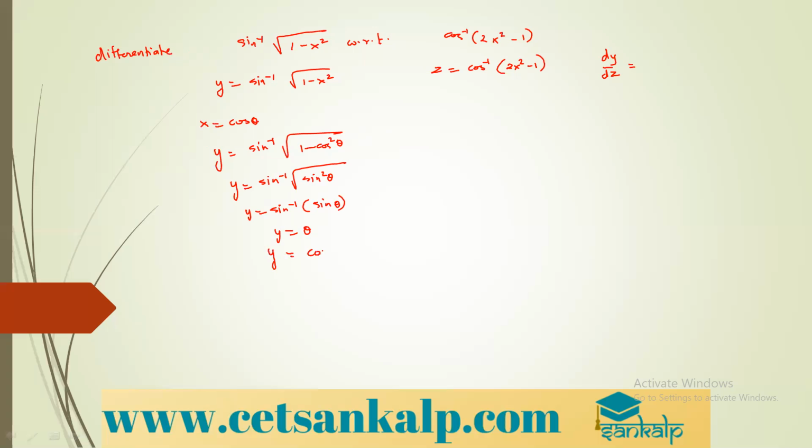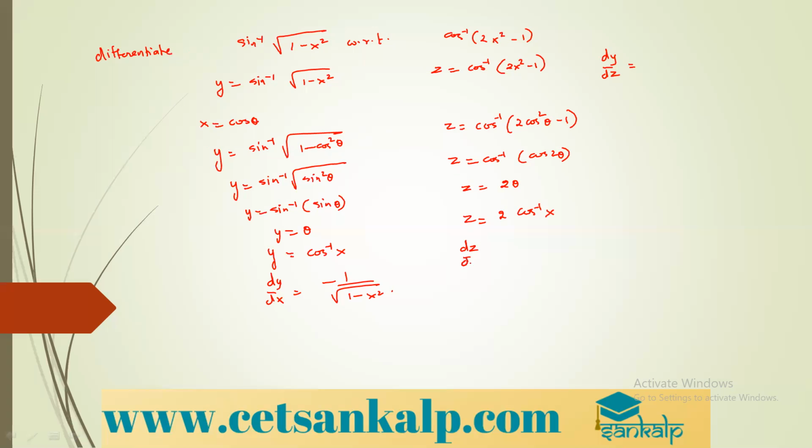Theta can be written as cos inverse x. So dy by dx is minus 1 by root of 1 minus x square. The same x equal to cos theta, if I use for z, then I will have 2 cos square theta minus 1. So z is cos inverse of cos 2 theta, or z is simply 2 theta, where theta is cos inverse x.